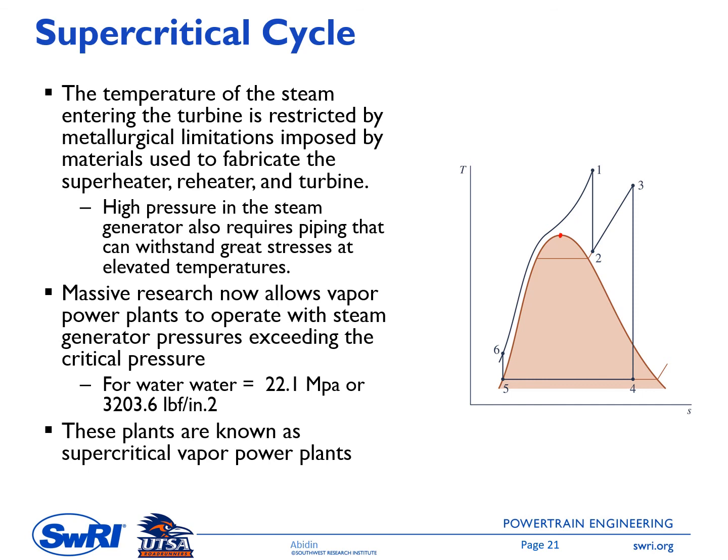For water as the working fluid, the critical pressure is around 22.1 megapascal or 221 bar. It is equal to 3203.6 psi. So a plant that operates above the critical pressure is known as a supercritical vapor power plant.